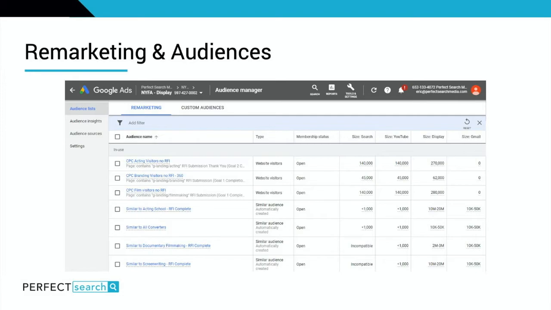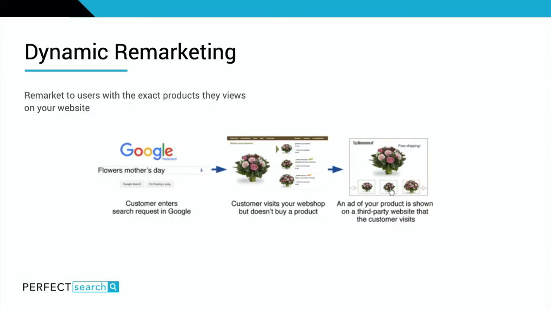You can adjust bids depending on the audience performance, but it's really important to have a vast array of retargeting audiences.